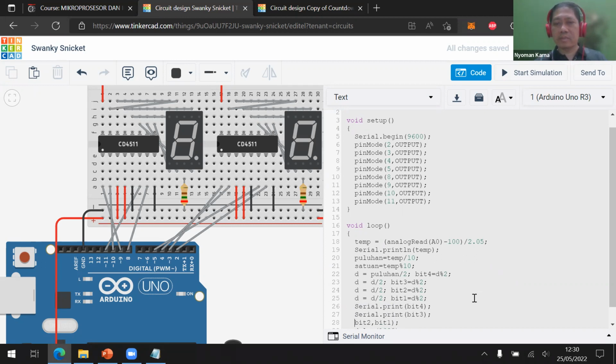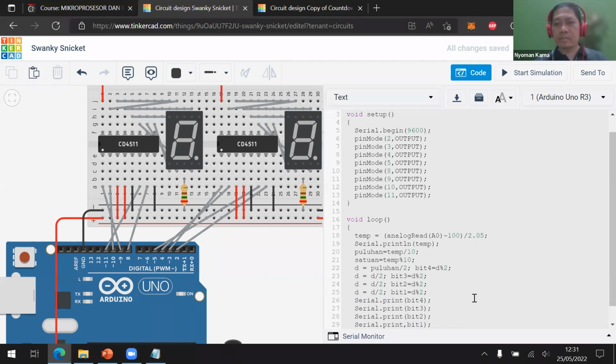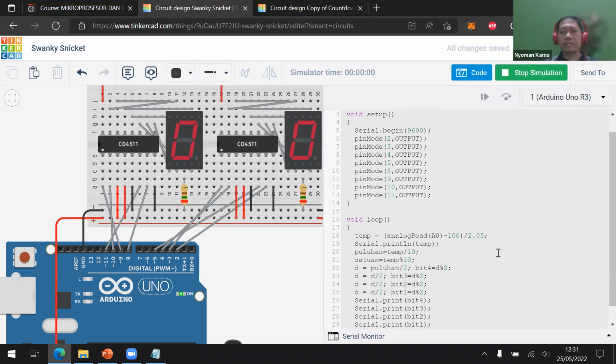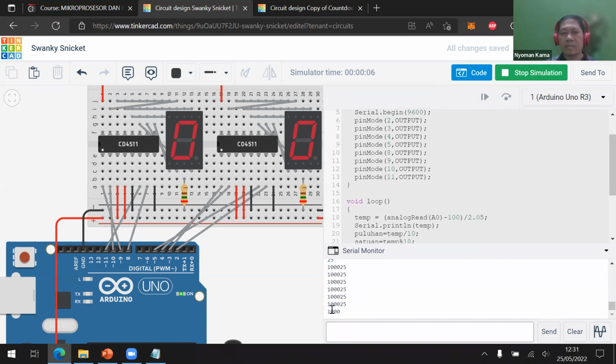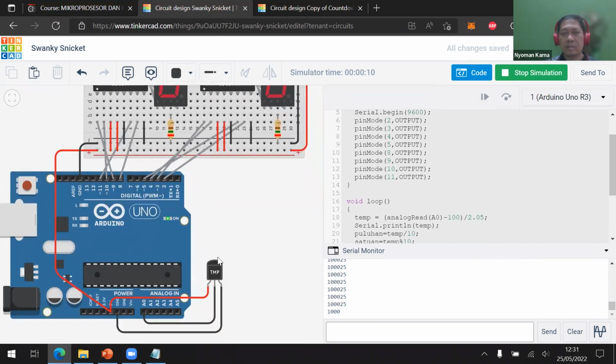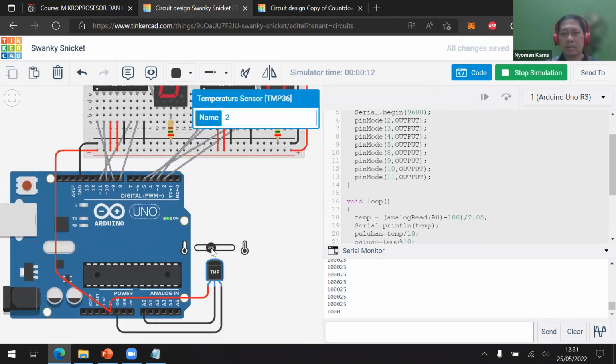Sorry, serial print. It's 1000. It's not correct.